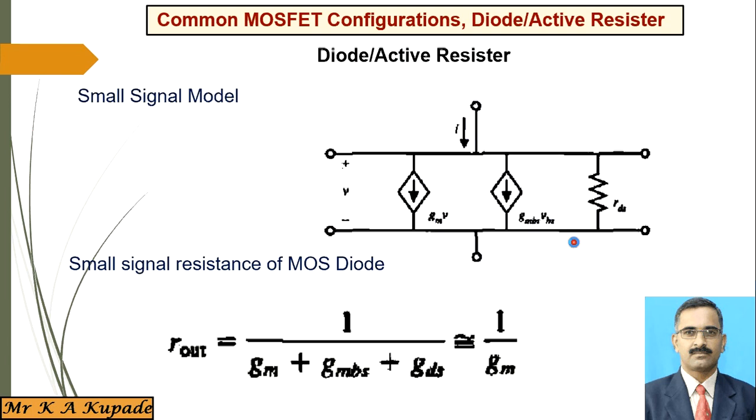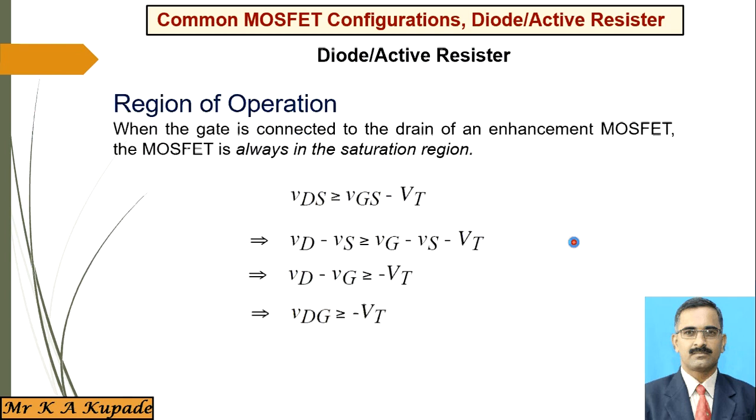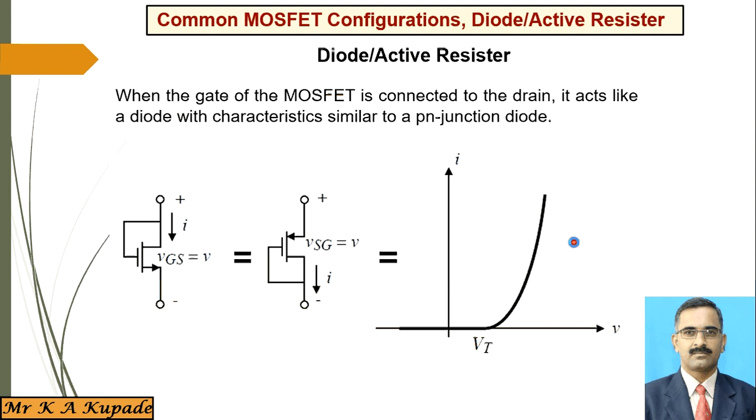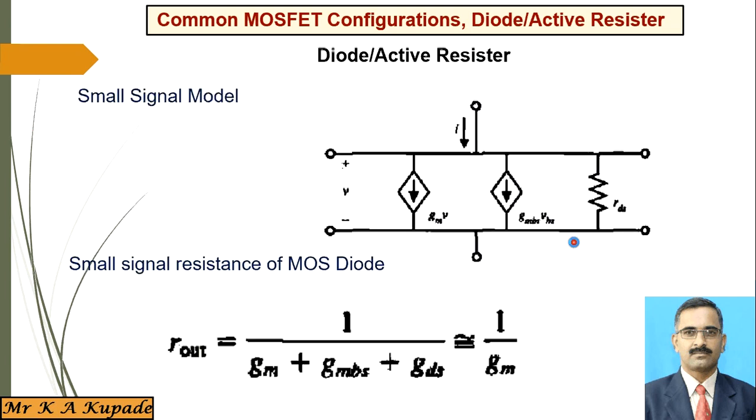Now, if we consider the small signal model for this circuit, where the drain is directly connected to the gate terminal, or the gate terminal is connected to the drain, then in the small signal equivalent model we have to consider this R out.